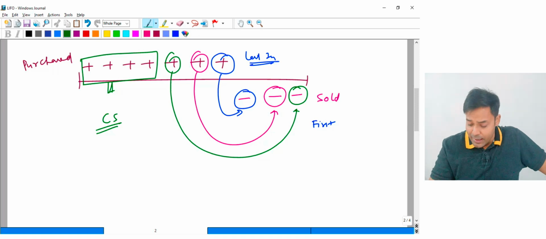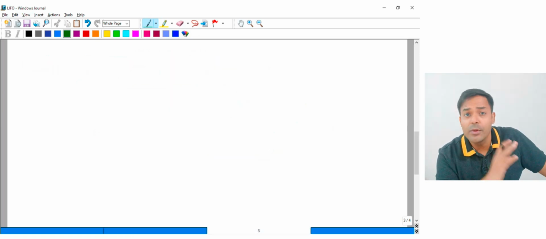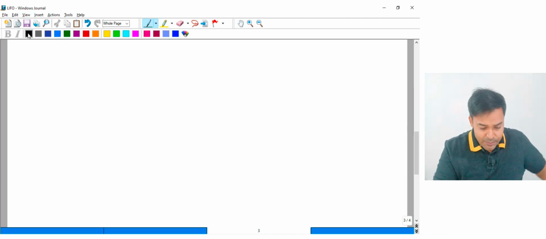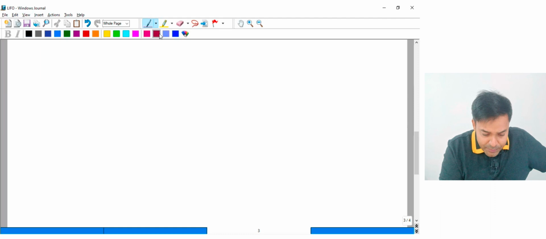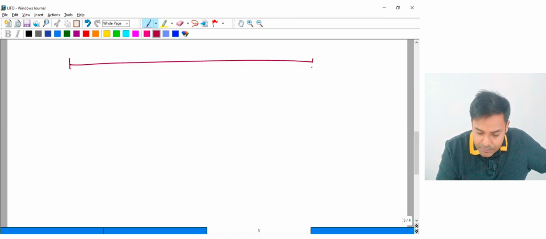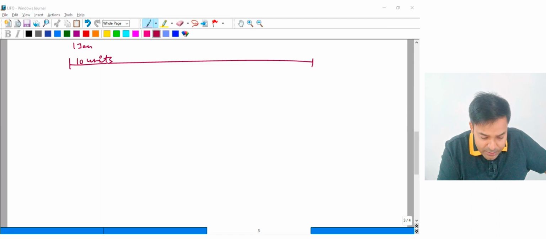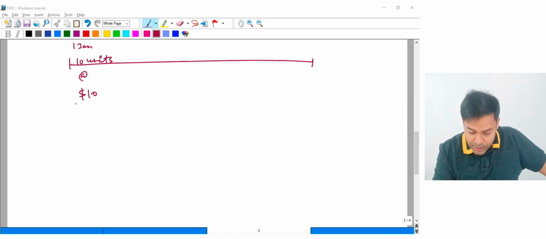Let's do a question, and I'll do exactly the same question we did under FIFO, so that you can compare how FIFO is different from LIFO. Let's pick the same illustration. On 1st January you purchase 10 units at the rate of $10 per unit.